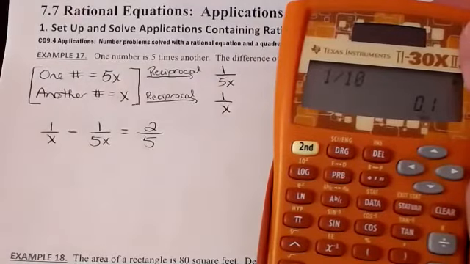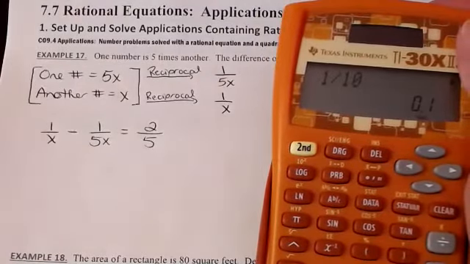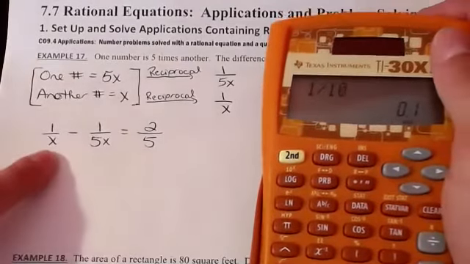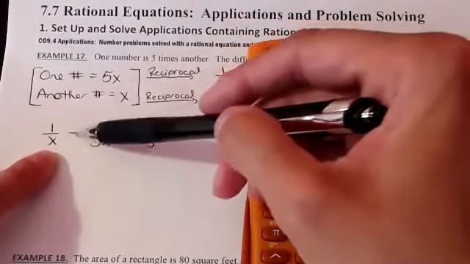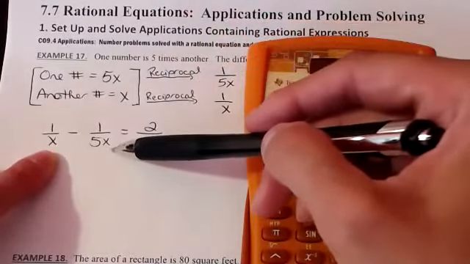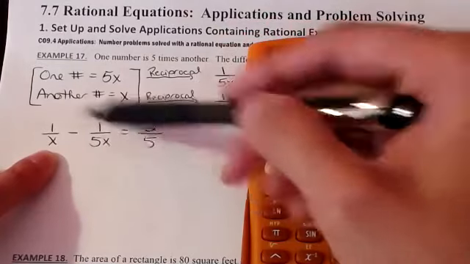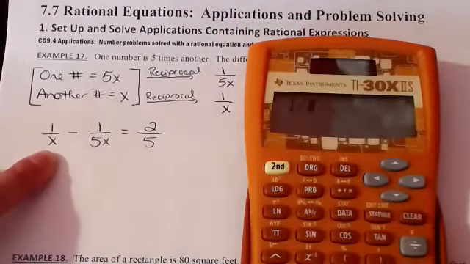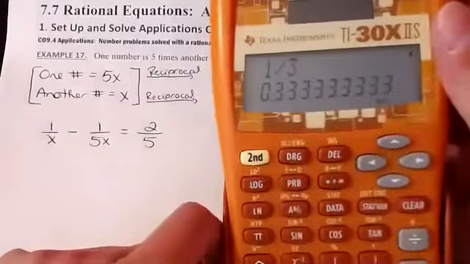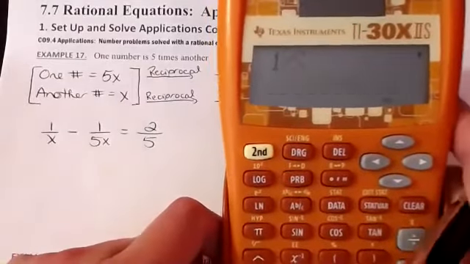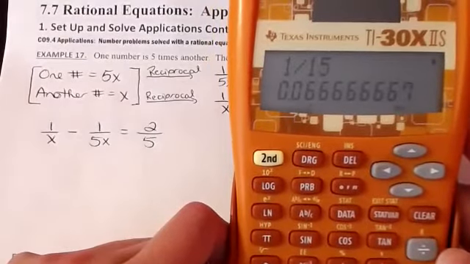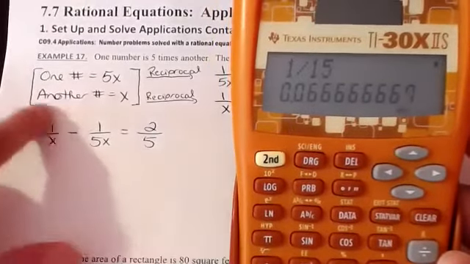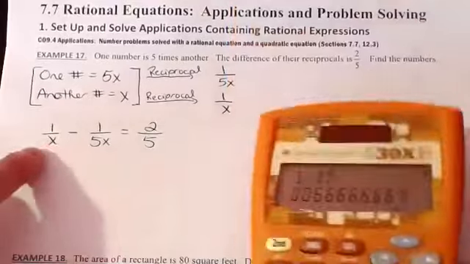Any number for x. 3. If I made x 3, then do you agree this is 1/3 minus 1/15? 1/3 is a larger fraction. 1/3 is 0.3 repeating. 1/15 is 0.06 repeating. So that means my larger fraction is 1/3.